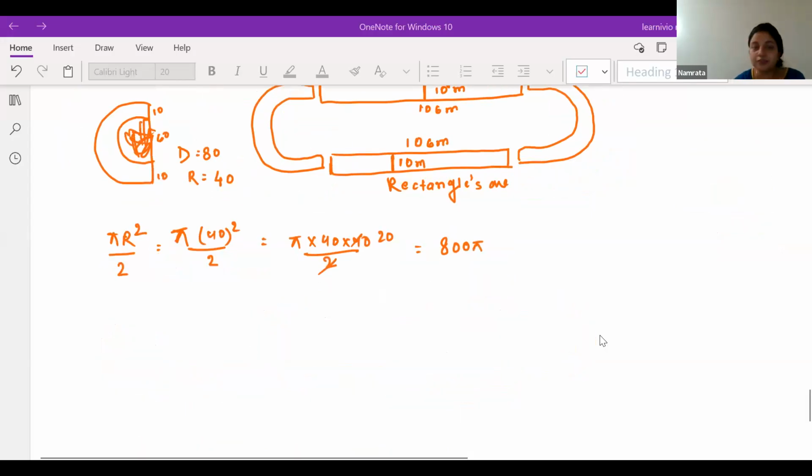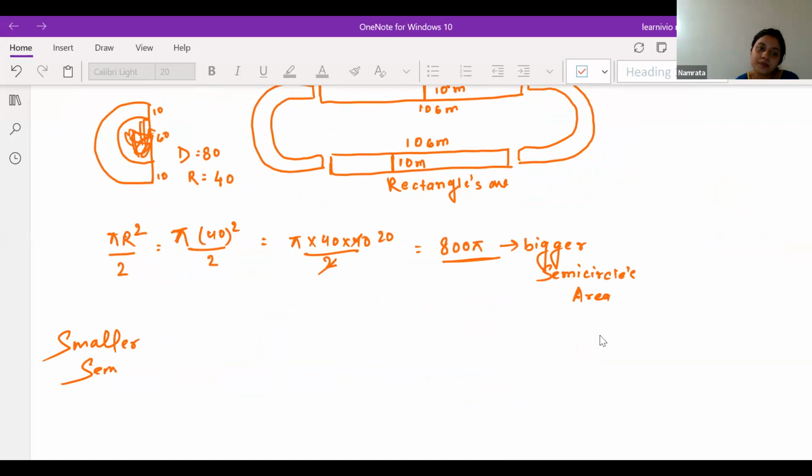So now this is the bigger semicircle area. Now we are supposed to find the smaller semicircle area. That we will get again as pi r square by 2.